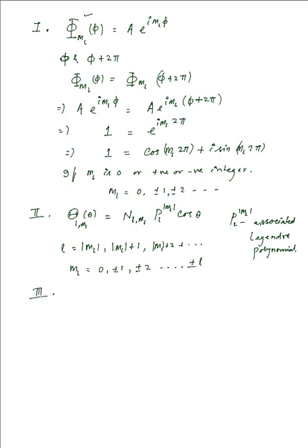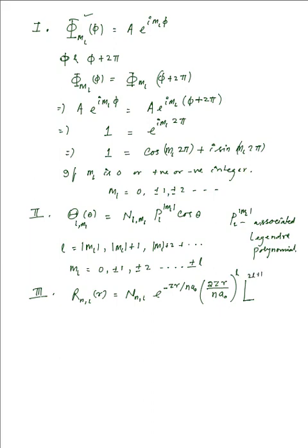Now the third case, as for the radial condition, we have R n L, which depends on r, to be equal to N n L e raised to the power minus Z r over n a naught, times 2Zr over n a naught raised to the power L. Then we have a polynomial just like the Legendre polynomial.